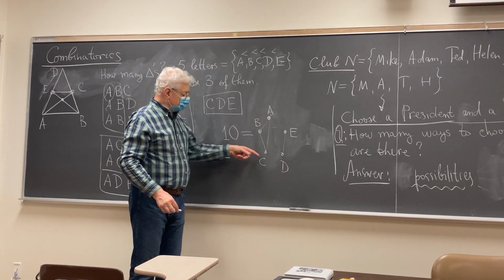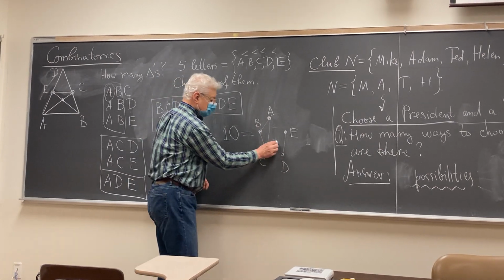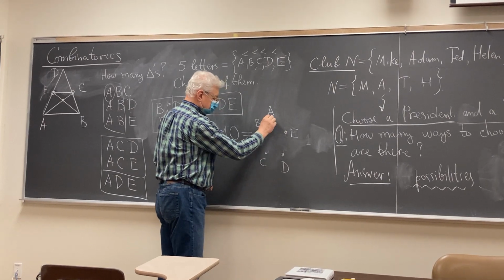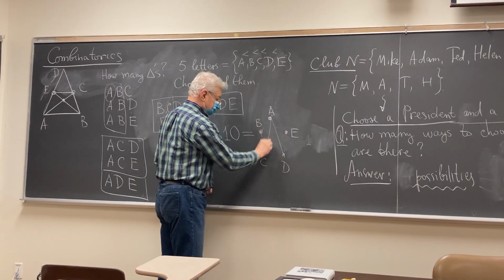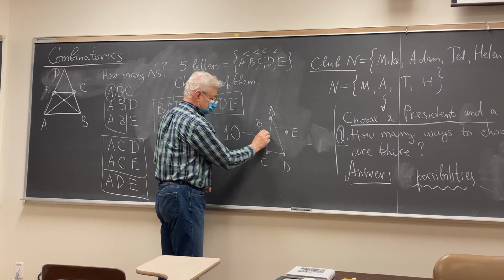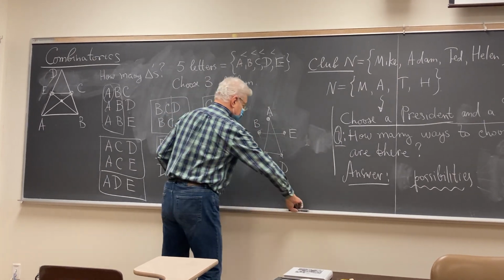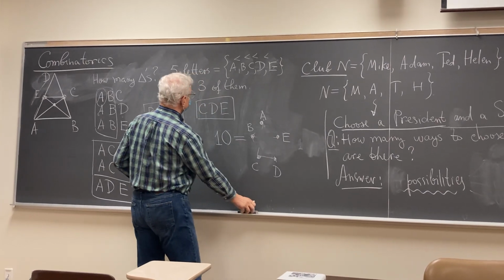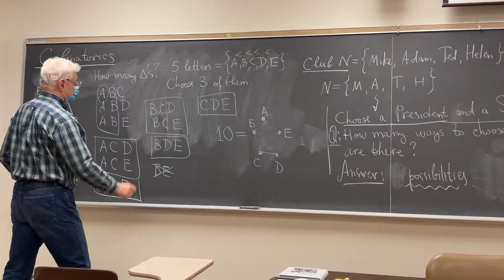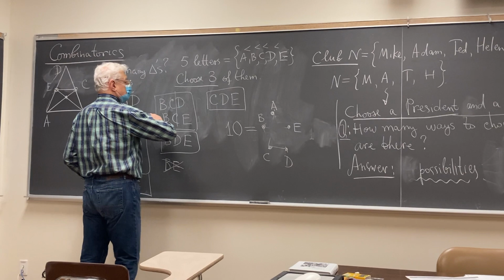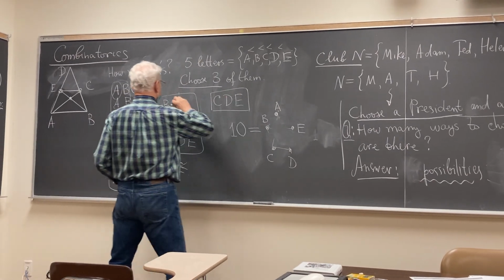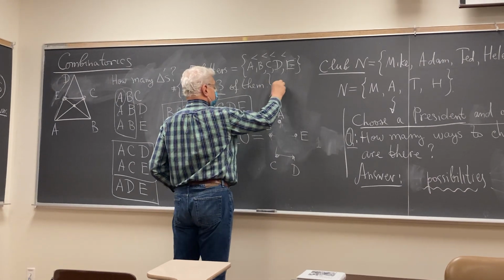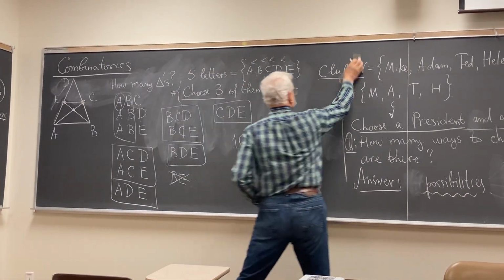You see, ABC corresponds to ED. So if I pick something different, say ADC, then it corresponds to the segment BE. So we can say that to choose three of them, the number of those is the same as, okay, I erase that part.